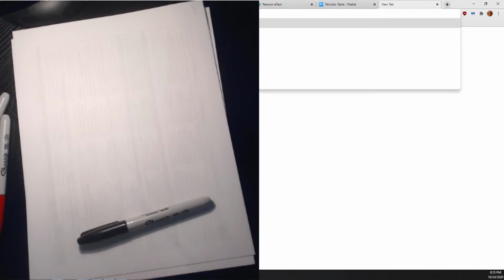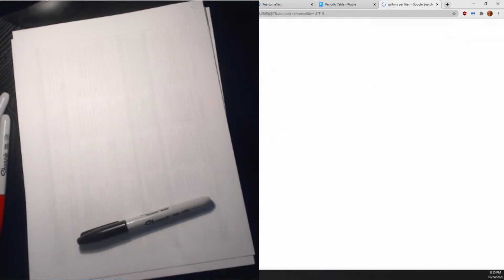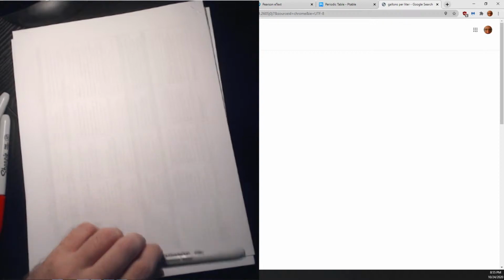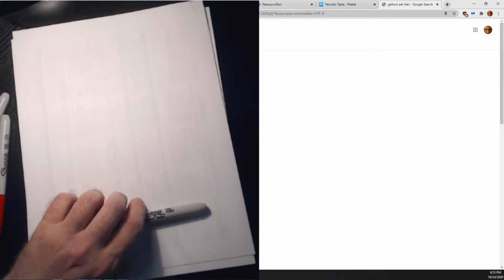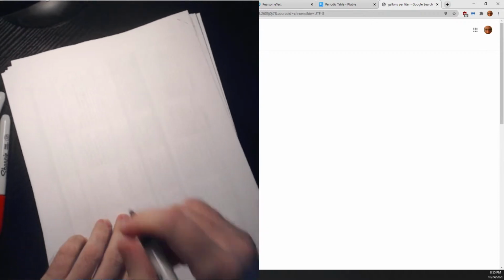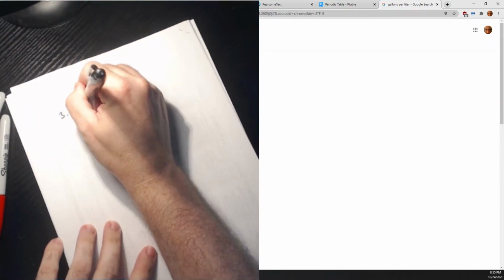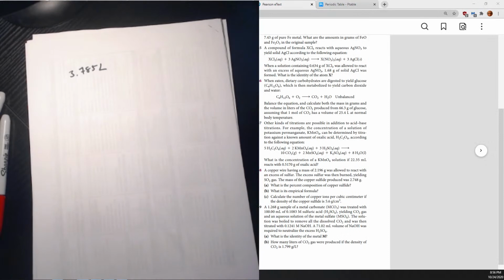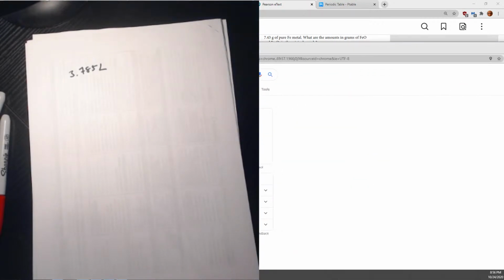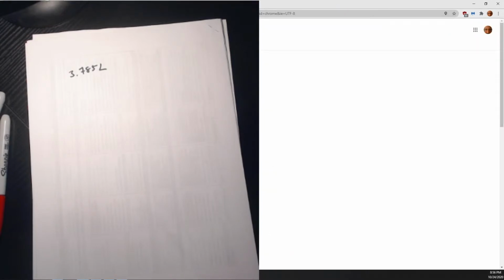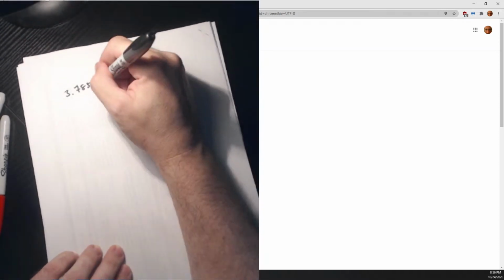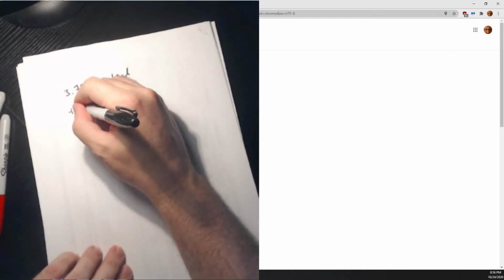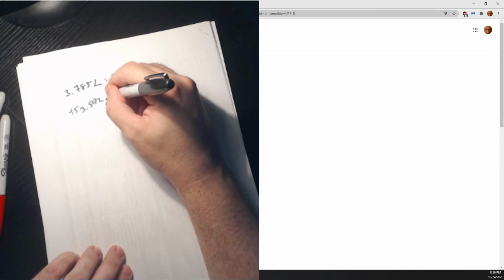All right. 1 gallon is 3.785 liters. And 1 pound, and we have 453.592 grams in 1 pound.